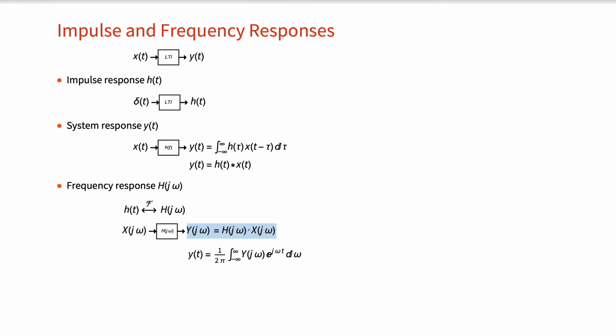In the frequency domain, that is, the Fourier transform of the output will be the product of the Fourier transform of the impulse response h of t and the Fourier transform of the input signal x of t. H of j omega, the Fourier transform of h of t, is called the frequency response of the system.